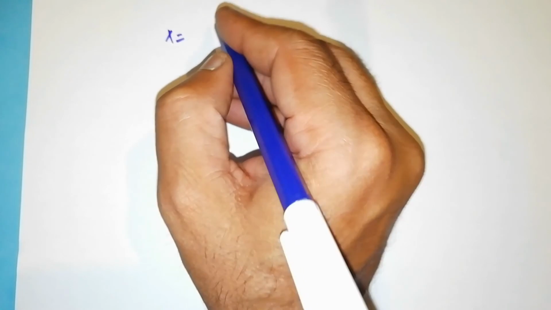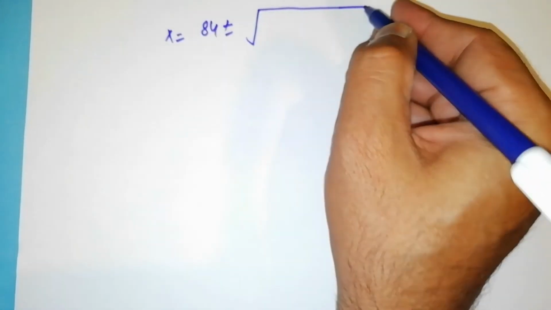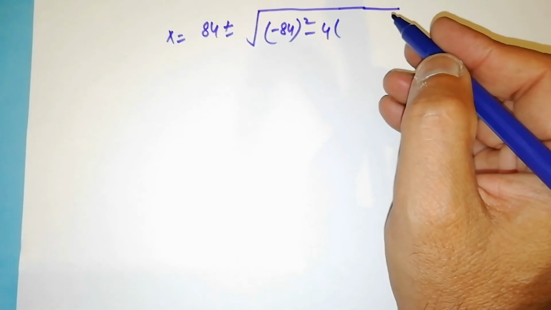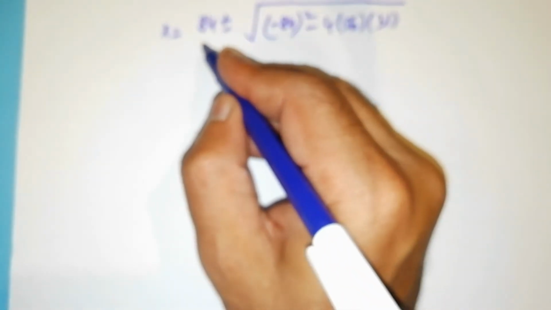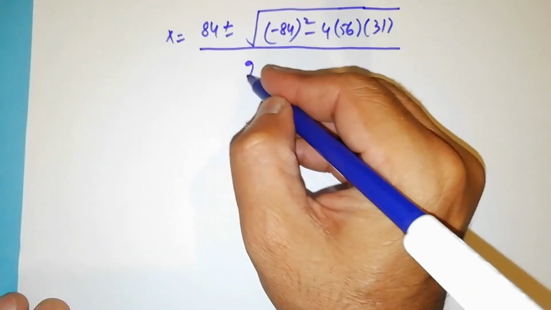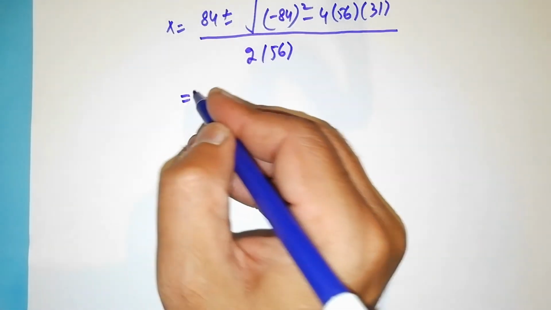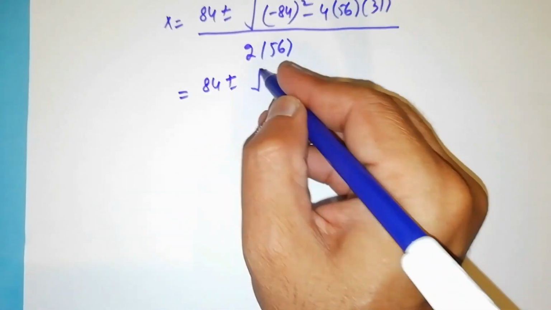So by using quadratic formula, we have 84 plus minus 84 square minus 4, and we have A is 56 and C is 31 divided by 2 into 56. So in this way we have 84 plus minus.